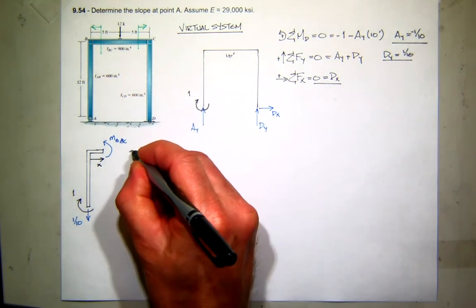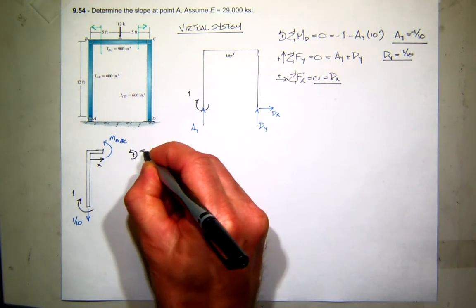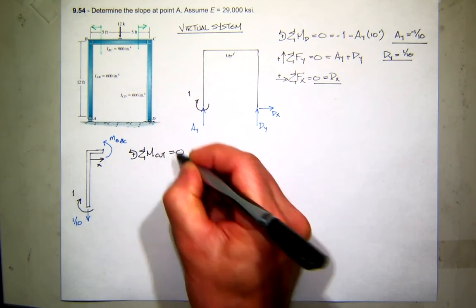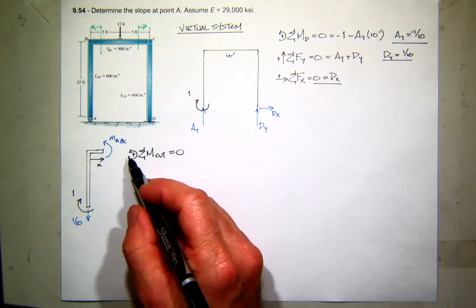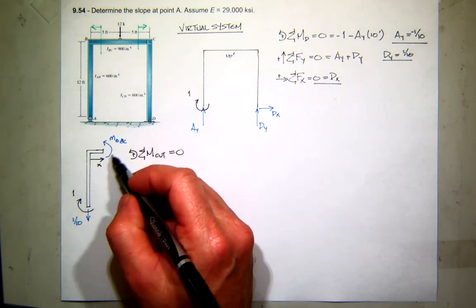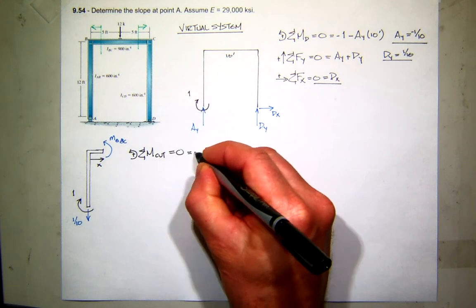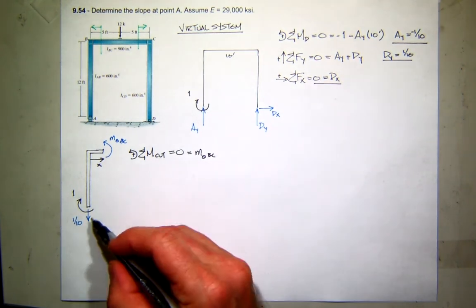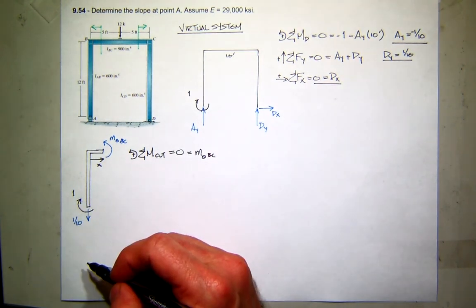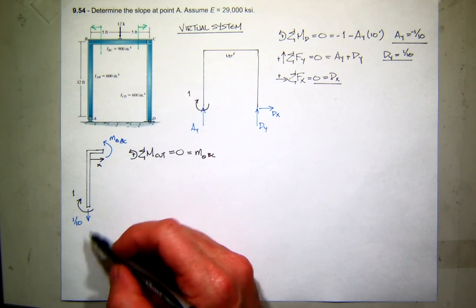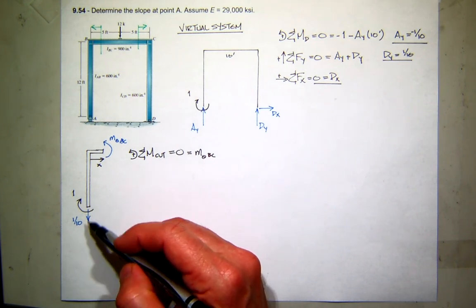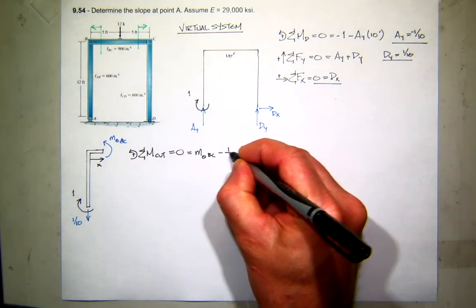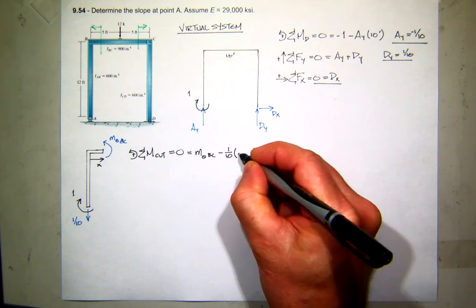Well, that's not too bad. We've done this probably a few hundred times now. We're going to sum moments about the section we just cut. Make sure it's in equilibrium using right-hand rule. So starting with that, my internal moment, this virtual moment, is positive. Now remember, the theta just means it's generated by a moment. I've got that, and then what else do I have? I've got this reaction of 1/10 also creating positive moment. The force is 1/10, and what's the moment arm?